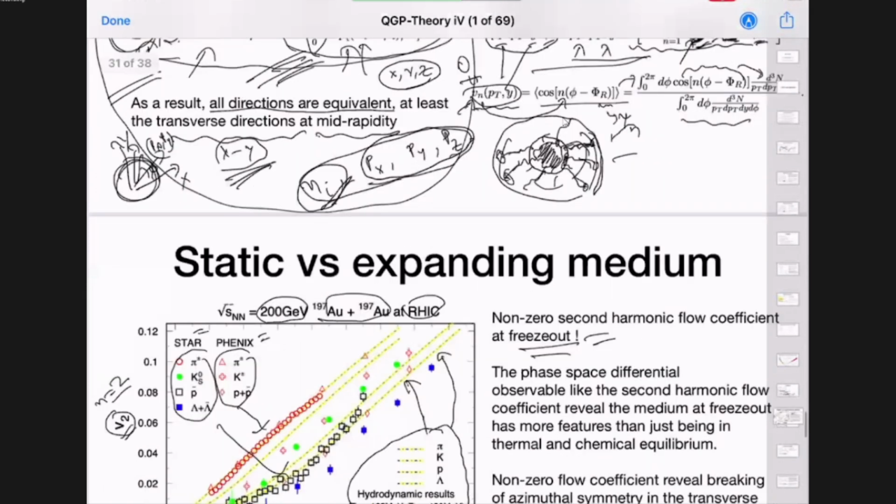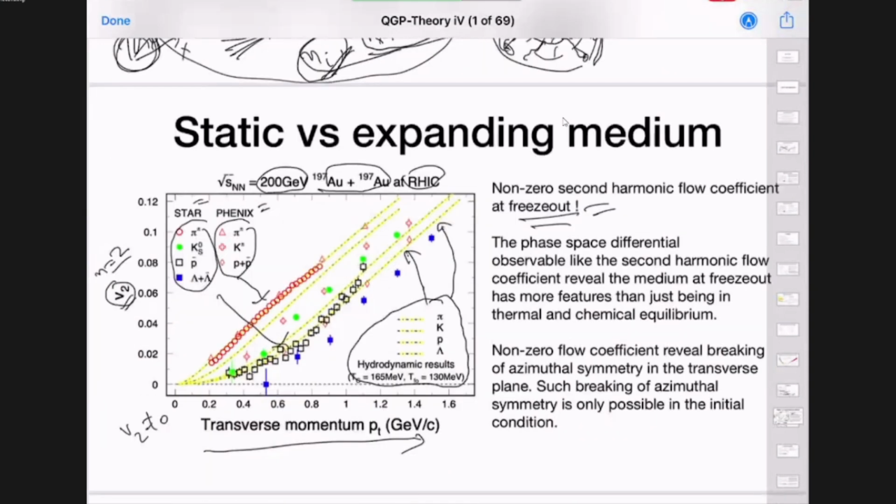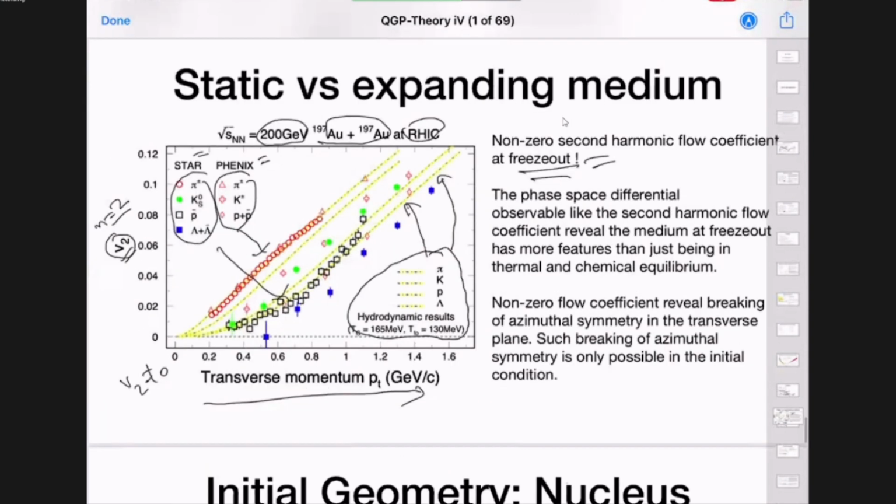This is the main point I wanted to convey: once you start looking at phase-space differential observables like the second harmonic flow coefficient V2, it reveals that the medium at freeze out has more features than just being in thermal and chemical equilibrium.